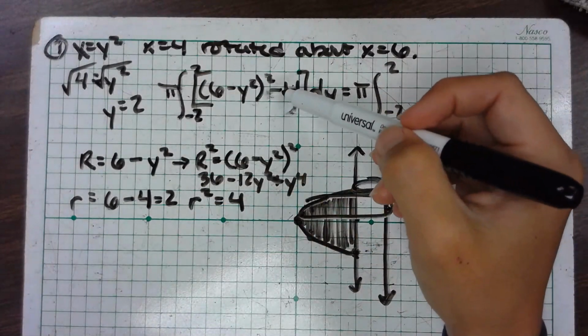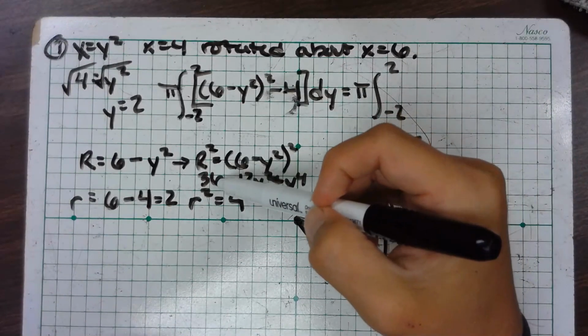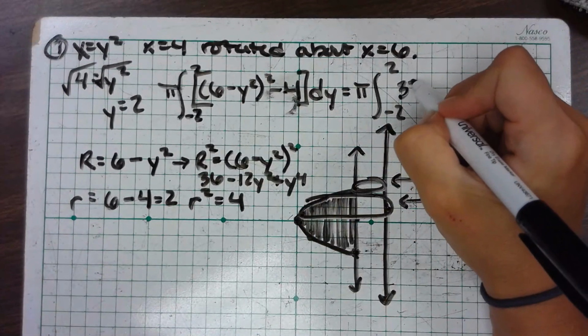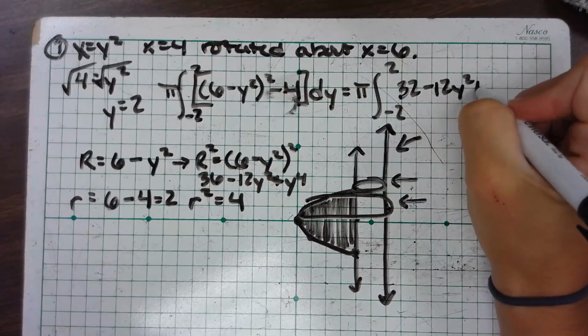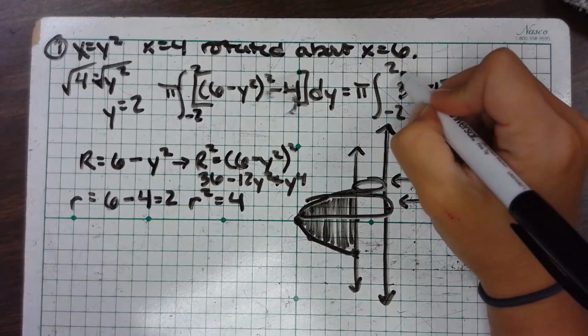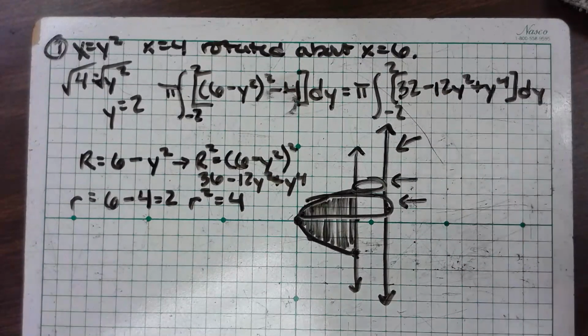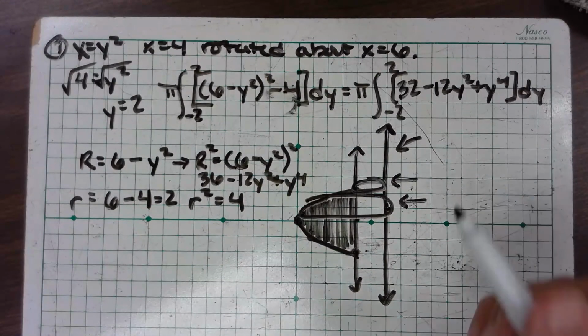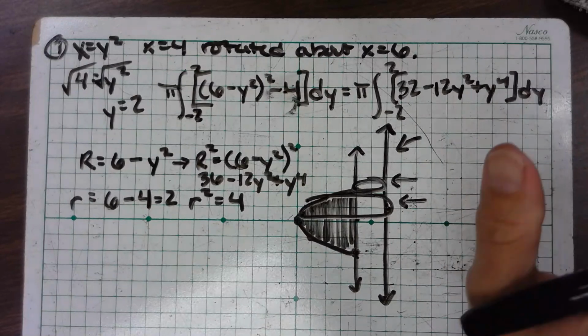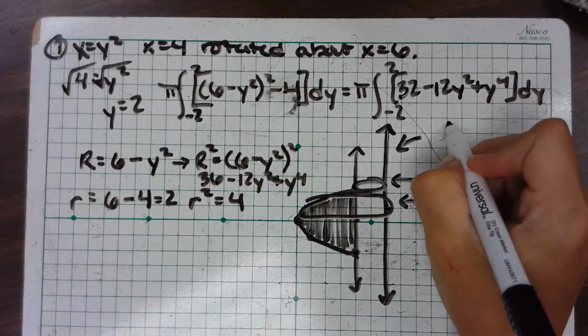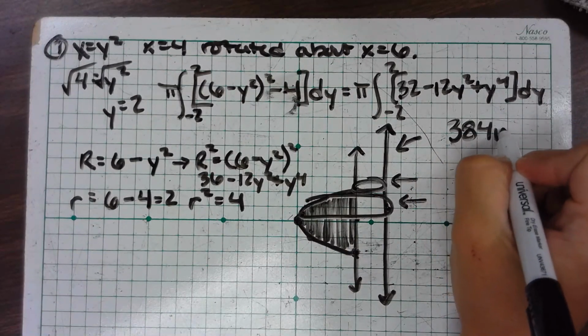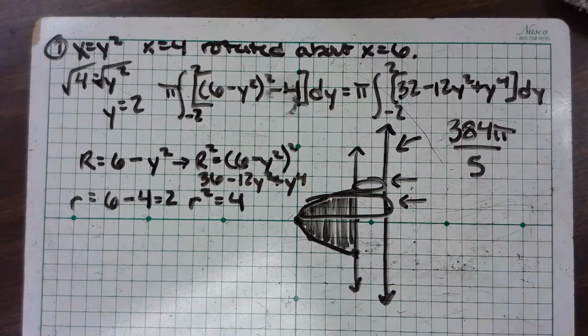And I ultimately subtract the 4 from that. So that's going to be 32 minus 12y squared plus y to the 4th dy. I'll let you integrate that by hand just to get practice. Notice this is negative 2 to 2, so it will be a little tougher. The final answer is 384 pi over 5.